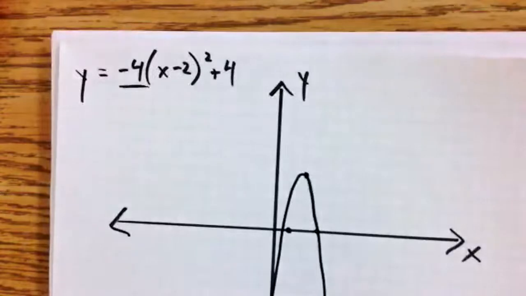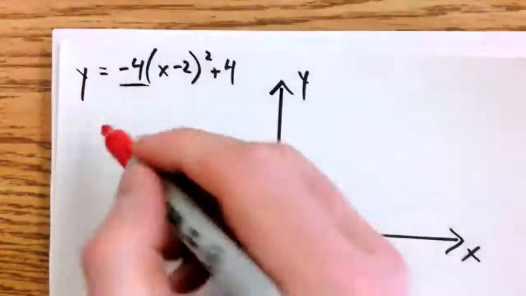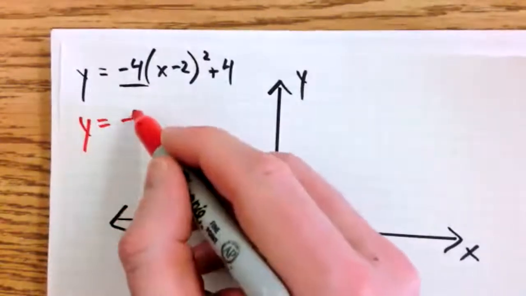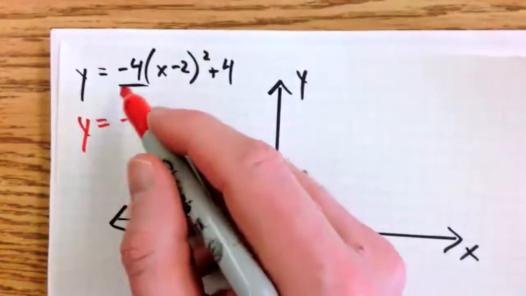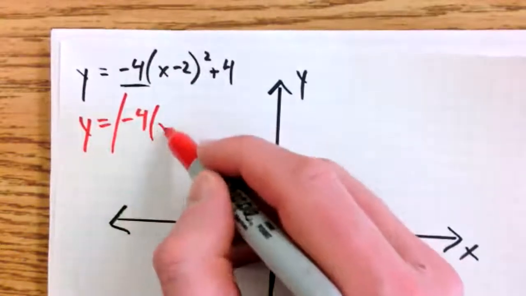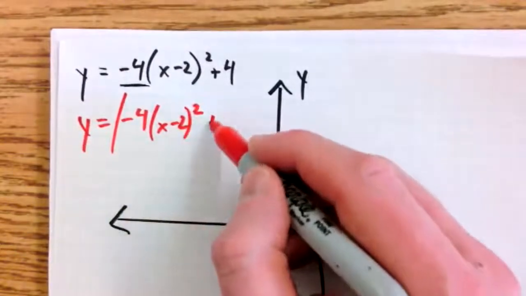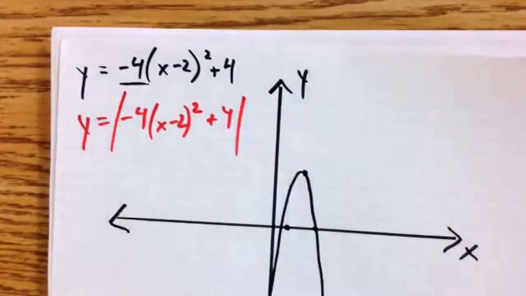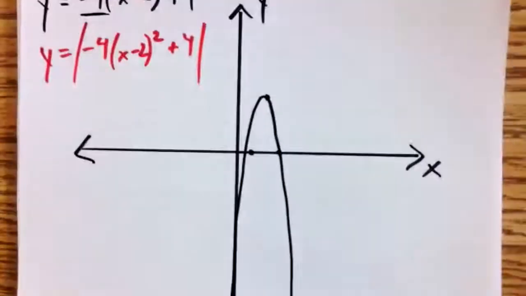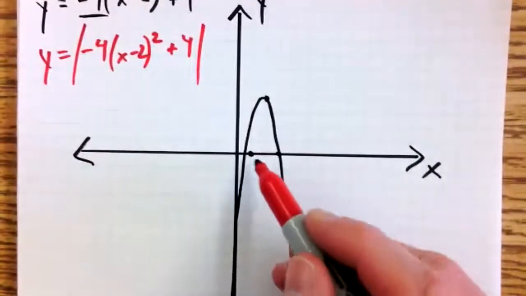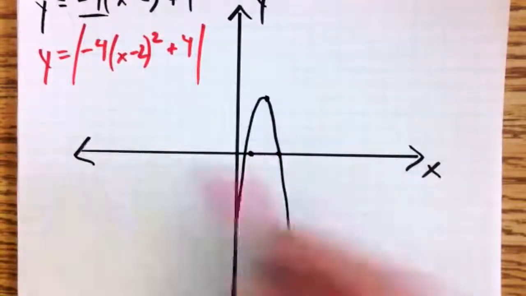Now, because we must do the absolute value, y equals, all of this is absolute value, all of it? Yes. The absolute value of -4(x - 2)^2 + 4. Everything bounces. I missed that point entirely. Everything bounces from this axis.